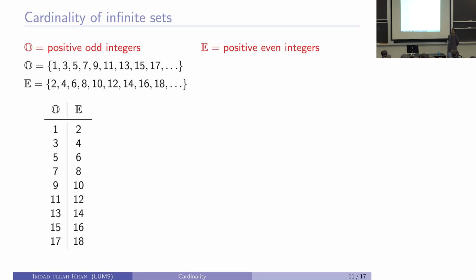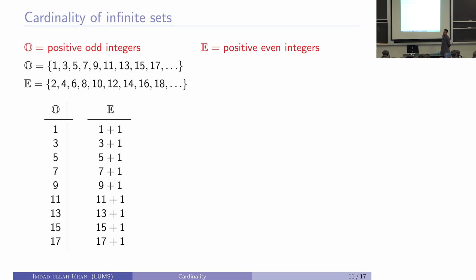Now look at the set of odd numbers and the set of even numbers. We also thought they were equal, right? They have equal number, equal cardinality. Where is Cantor's definition for that? If I map every number i to i plus 1, these are positive odd and even integers, so 1 is mapped to 2, 2 is mapped to 3, and 3 is mapped to 4.